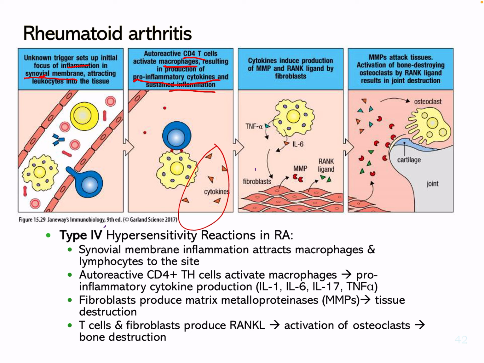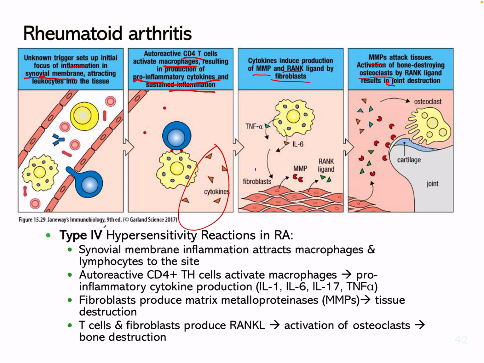Cytokines induce the production of MMP, matrix metalloprotease, and RANK ligand by fibroblasts. These metalloproteases attack tissues, and there's activation of bone-destroying osteoclasts. As you may have learned, we have our osteoclasts and osteoblasts. These osteoclasts remove bone, and they get activated unnecessarily and remove bone, which can make it even worse and result in joint destruction.